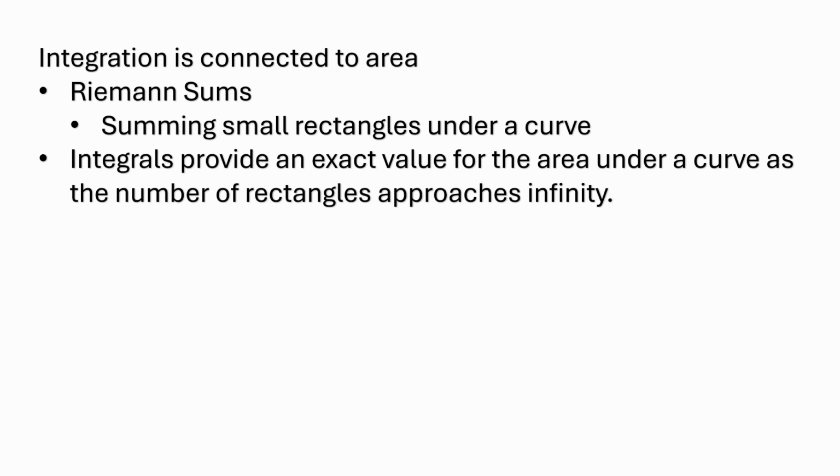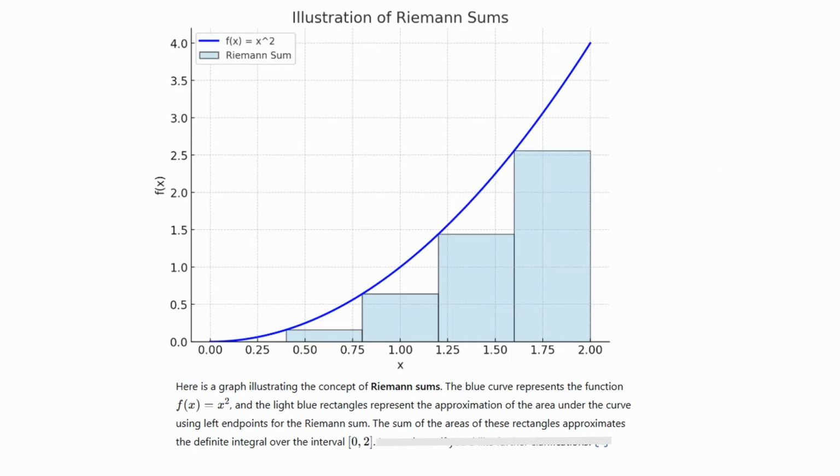The problem is you're only going to be able to approximate that area, and you need more and more small rectangles in order to get a more and more accurate value for the area under a curve. Now, integrals provide an exact value for that area under a curve as the number of rectangles you create approaches infinity. So it might be a little easier to show an example of that here.